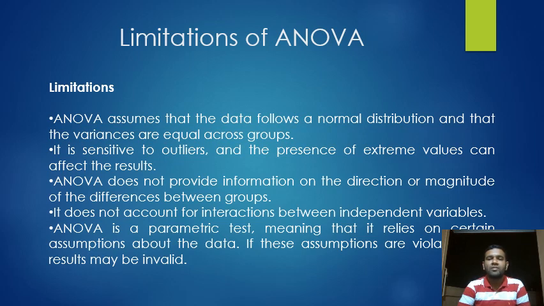As the name suggests, independent variables, there will be no interaction between the two variables. ANOVA is a parametric test, meaning that it relies on certain assumptions about the data. If these assumptions are violated, the results may be invalid. These are the main limitations of ANOVA.